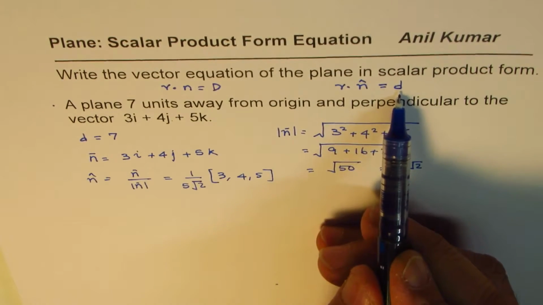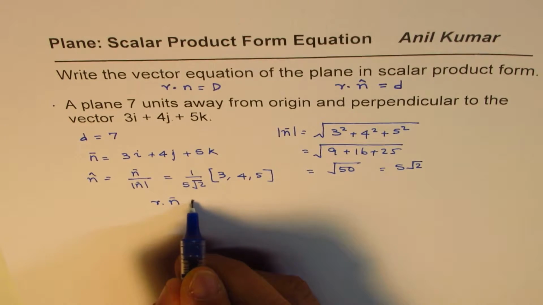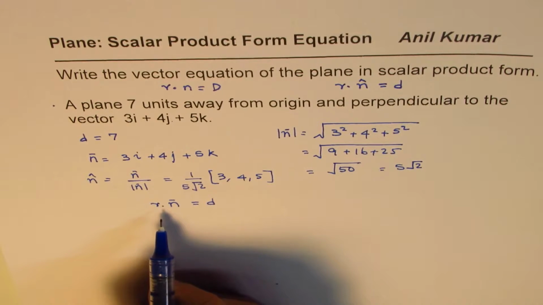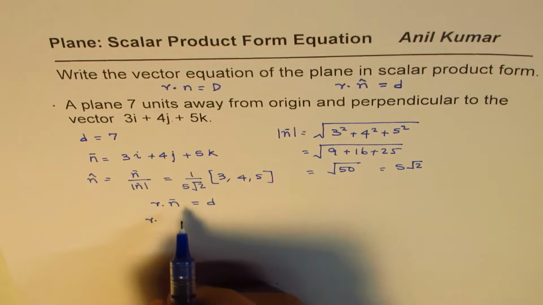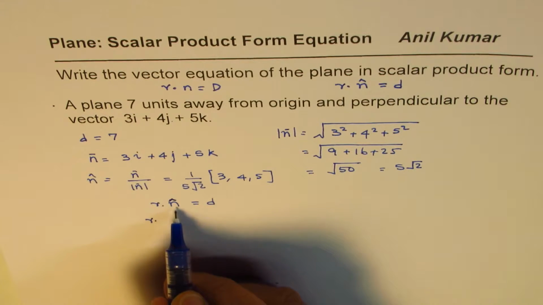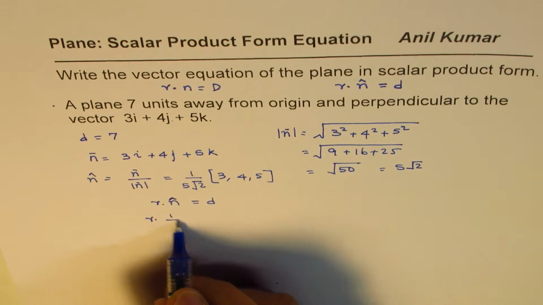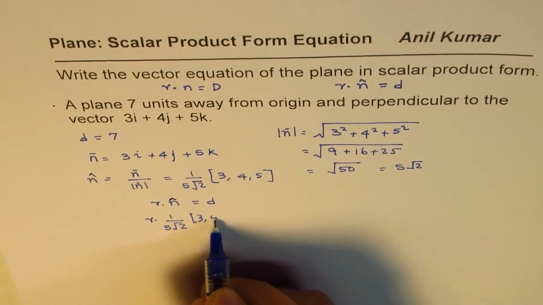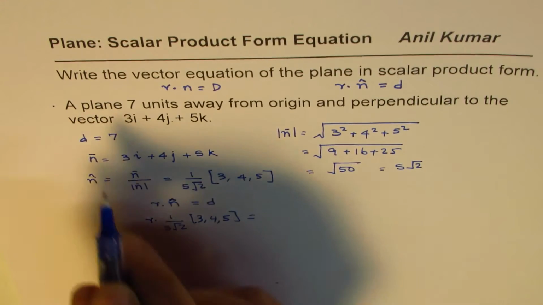Now, since we know the distance, we'll use this equation, r dot n equals the distance d. r is the position vector, and n is the unit vector. So r dot n is the expression we just got, 1 over 5 square root 2 times 3, 4, 5, equals d, which is 7 units.